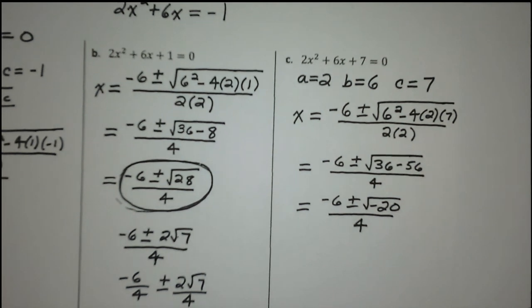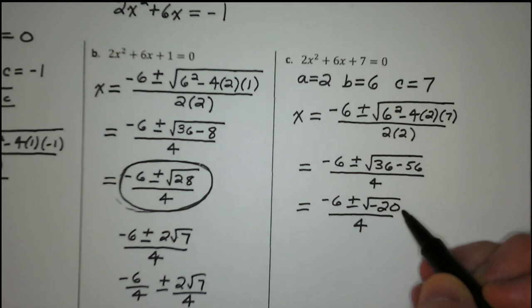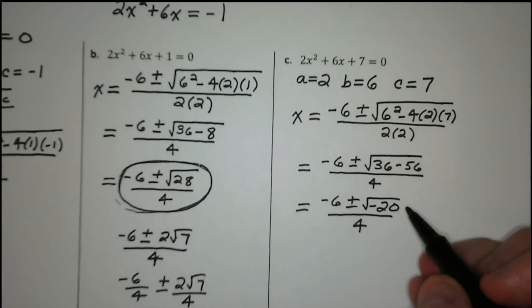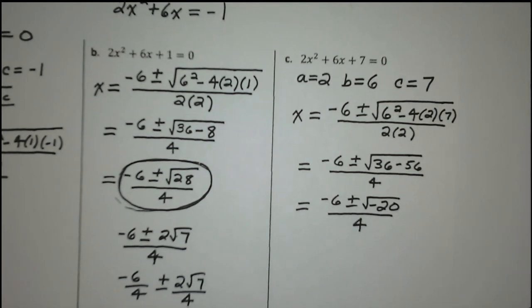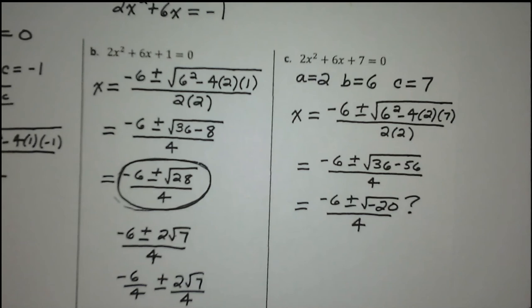Now, here we go, people. Big moment right here. What can we do with the square root of negative 20? Well, you need to realize that the square root of a negative number doesn't make any sense. You can't do it. So you know what this means?